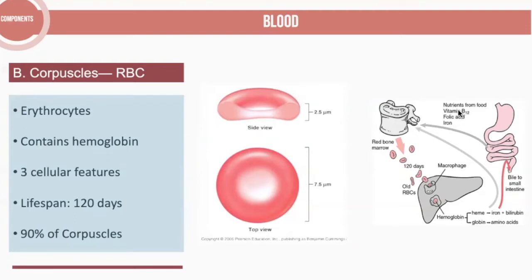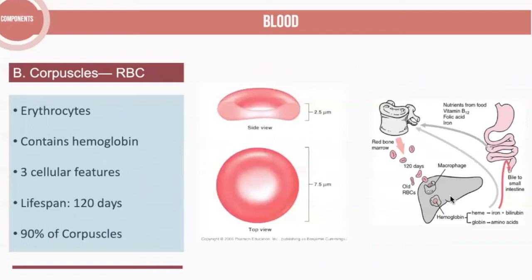So you have the RBCs, they will be produced, they will mature, and then they will be released into the bloodstream to serve their function, that is to transport or deliver molecules. So after approximately 120 days, which is their lifespan, the old RBCs are removed from the circulation and transferred to the liver, where macrophages, your phagocytic cells, will break them down.